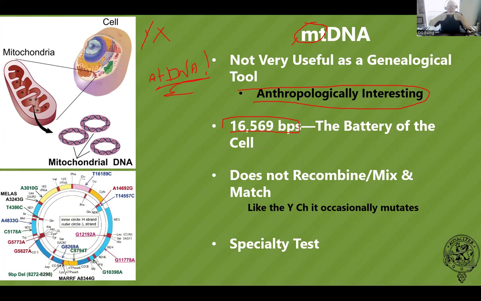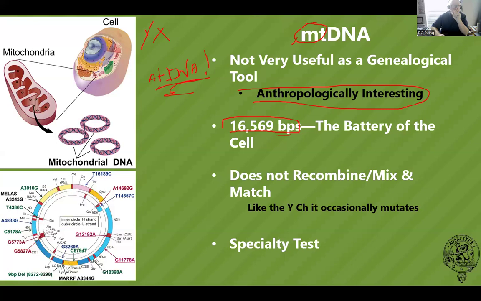I'll use them interchangeably. Rung, base pair, nucleotide. All three of those terms mean exactly the same thing. I tend to use nucleotide more often than not, but base pair also. I rarely use rung, but all three of those terms are the same.